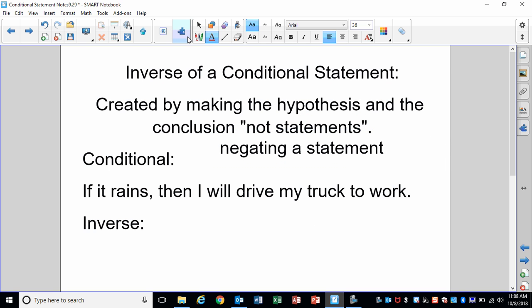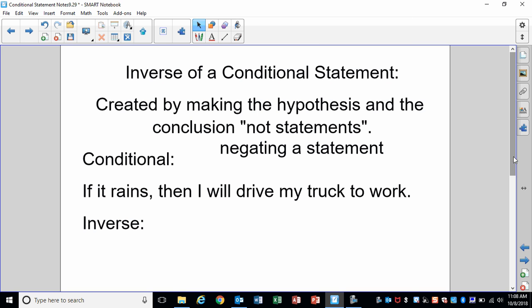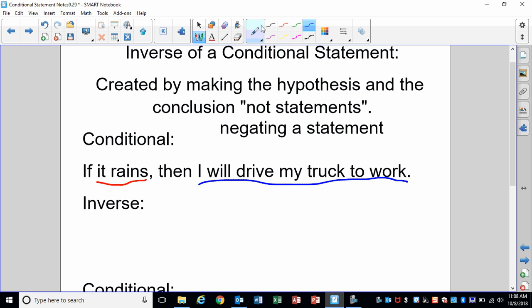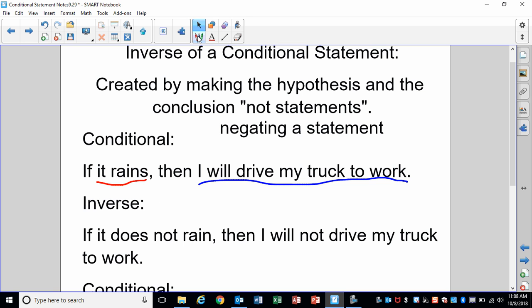So, our first one here we have, if it rains, then I will drive my truck to work. We're going to keep that order the same. If you notice, hypothesis, conclusion. When we take the inverse, that order is the same.